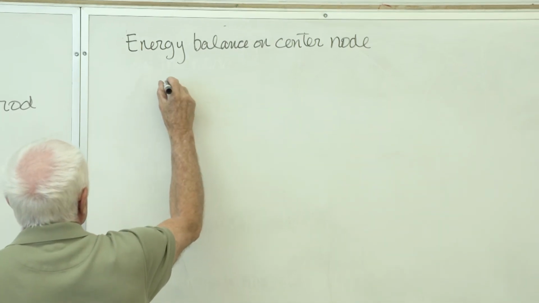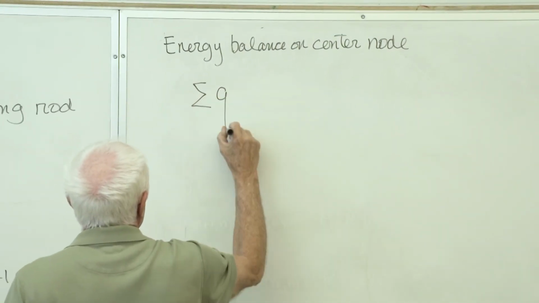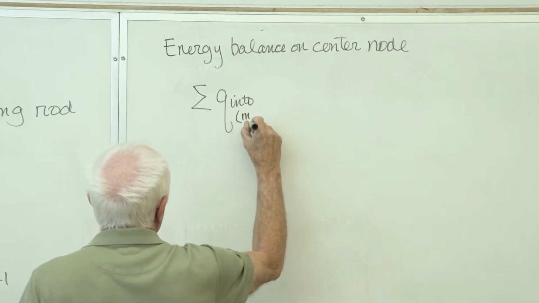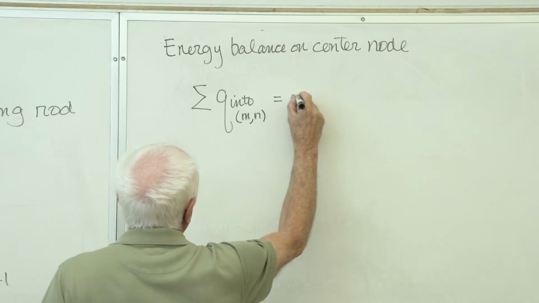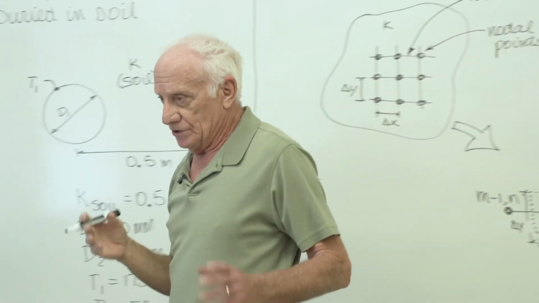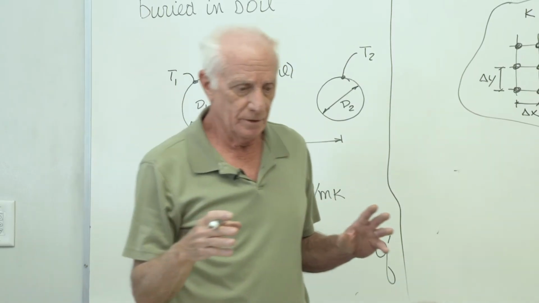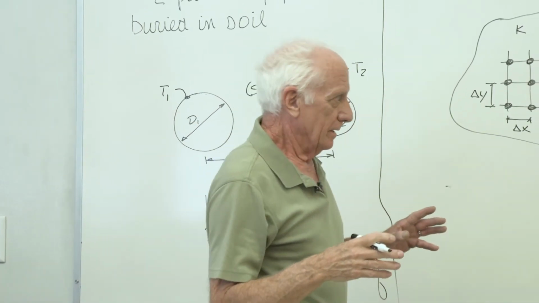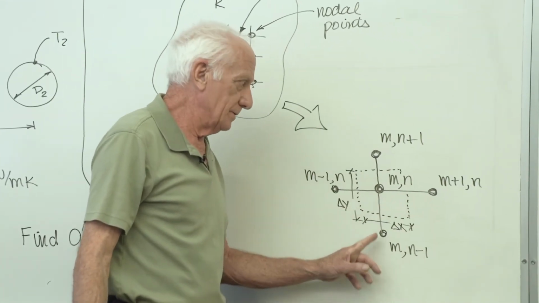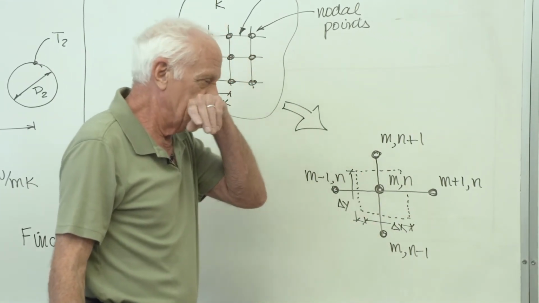And we say the sum of all the Q's coming into that node equals 0. Now don't forget, it's just conduction. This is a conduction problem. So we're saying that the conduction that comes in from the adjacent nodes into the center node must be 0.